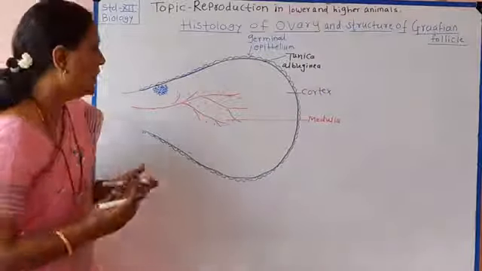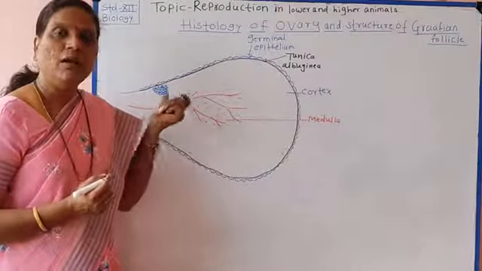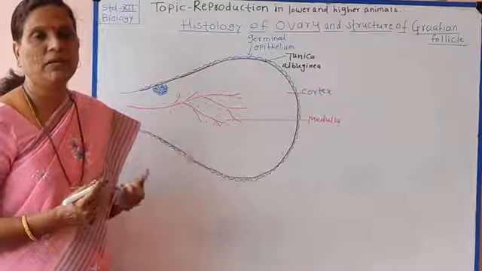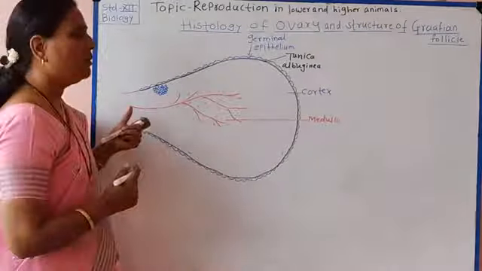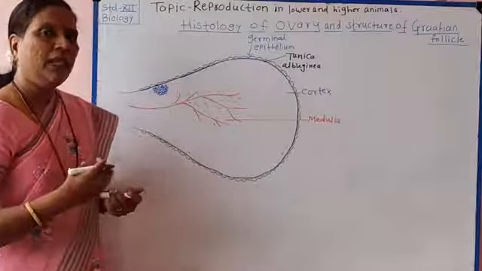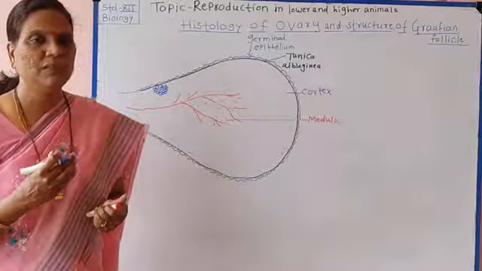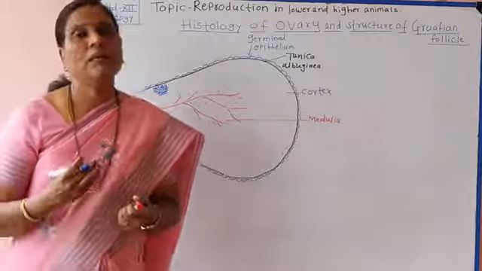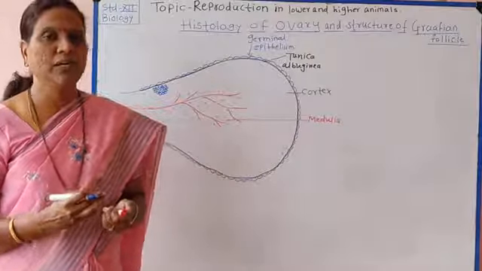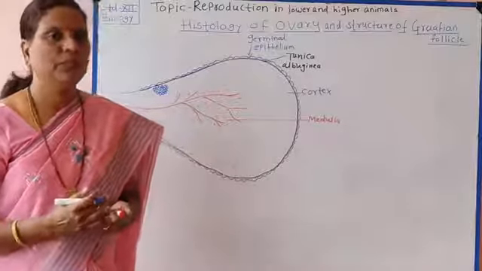The primordial follicles are present in the ovary, millions of such primordial follicles are present in case of the female child. And when they attain puberty, the primordial follicle starts developing under the effect of hormone FSH, that is follicle stimulating hormone secreted by anterior pituitary.